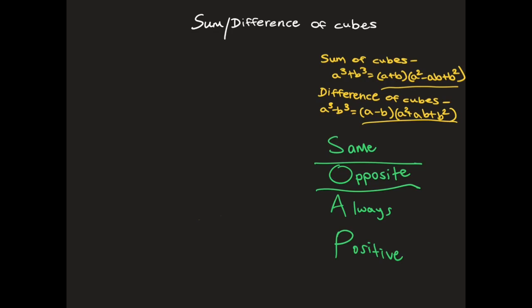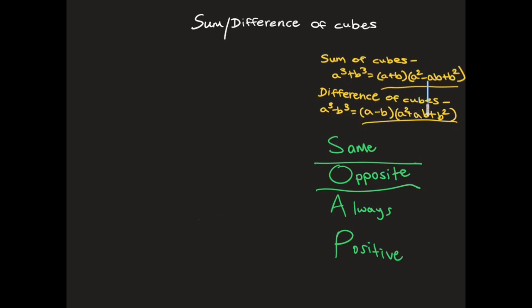What that means is, in these formulas you've got a plus b, that means same. So your sum of cubes, that's a positive right there. Your first number will be a positive because same, same as your original equation, a plus b.